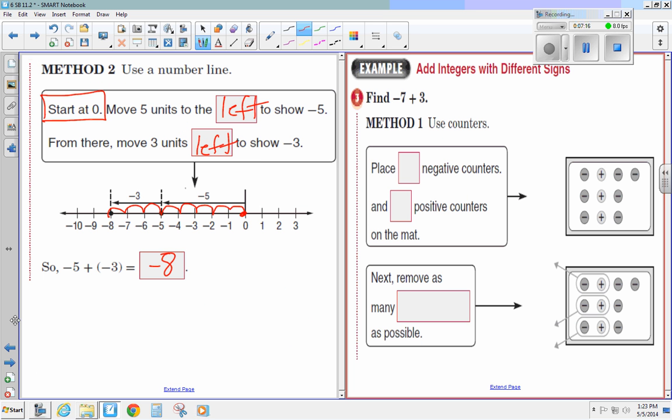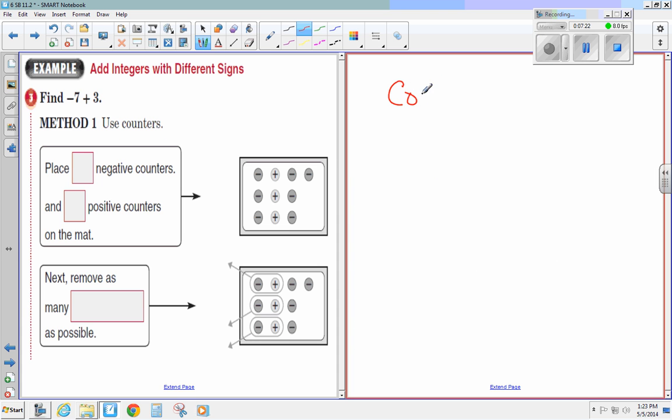All right, now dealing with integers with different signs. If you're using counters, plus and negative cancel out. They cancel each other out.